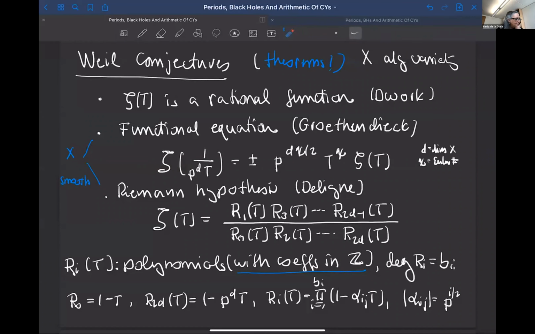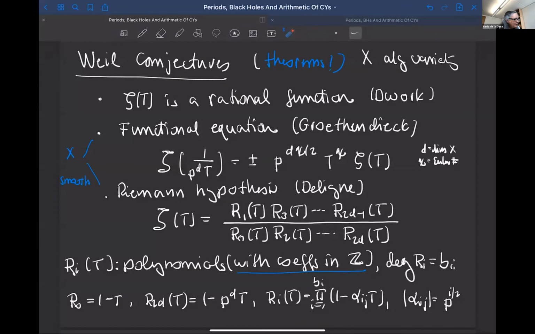These were first stated as the Weil conjectures, which became theorems later on, and this was extremely important work last century. An important property is that the zeta function is always a rational function. This was proven by Dwork. Meaning, of course, that this is a ratio of two polynomials over the integers.